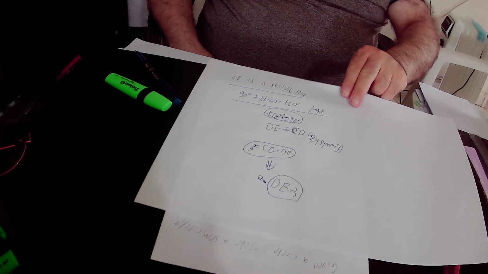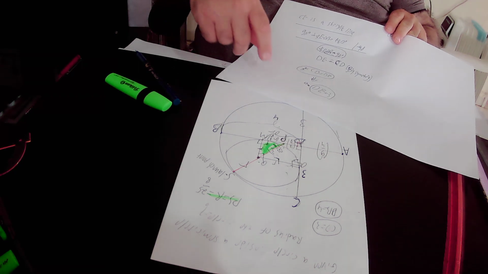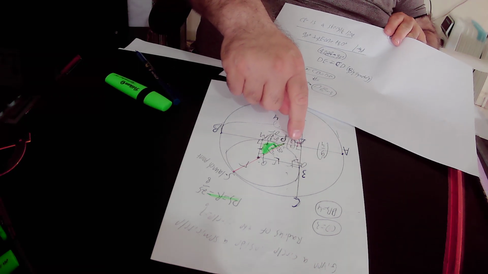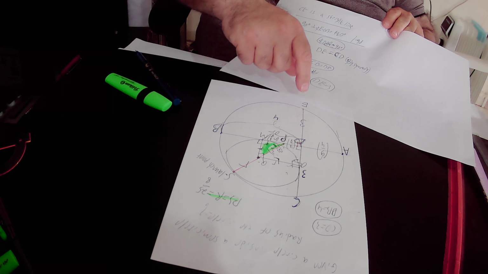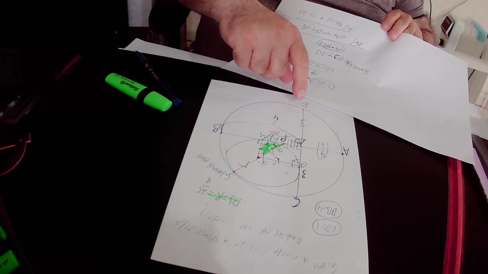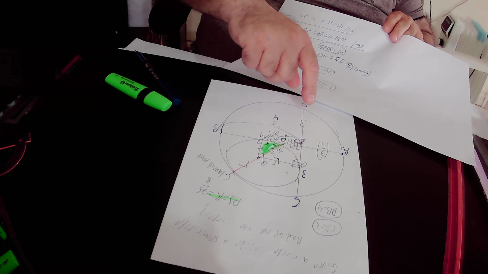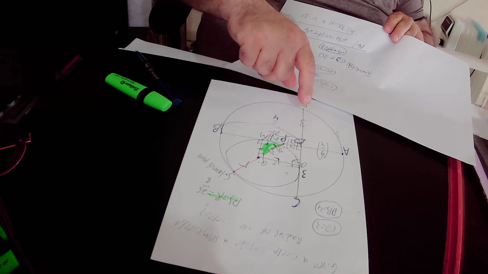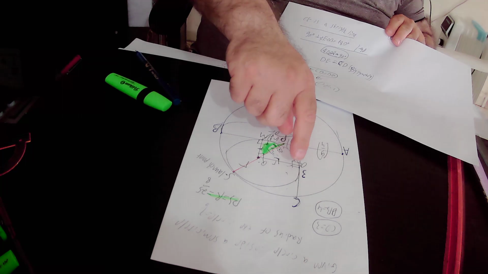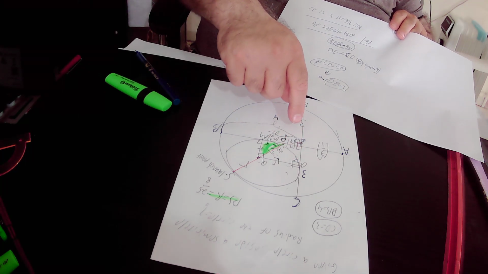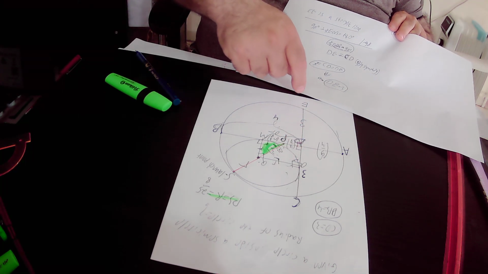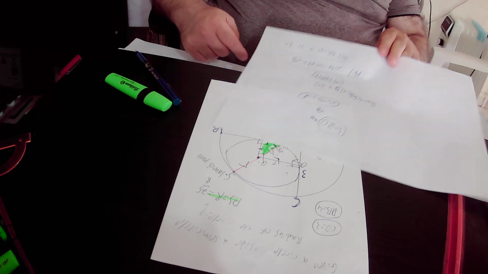Actually they have a common point, that is point D, and they are in the opposite direction of each other, while DC is upwards, DE is downwards. Okay?